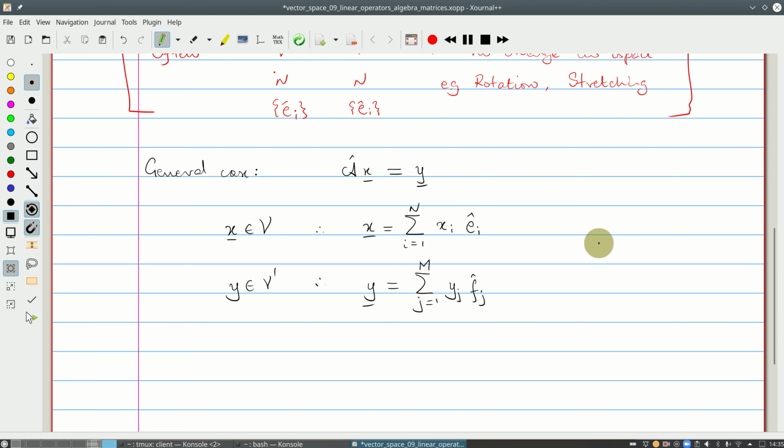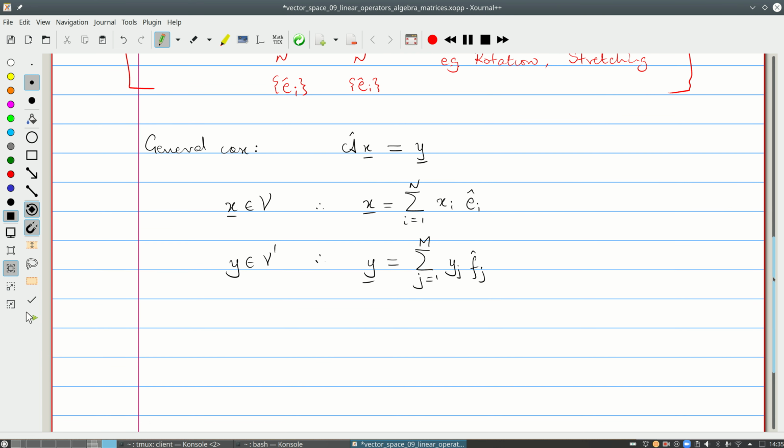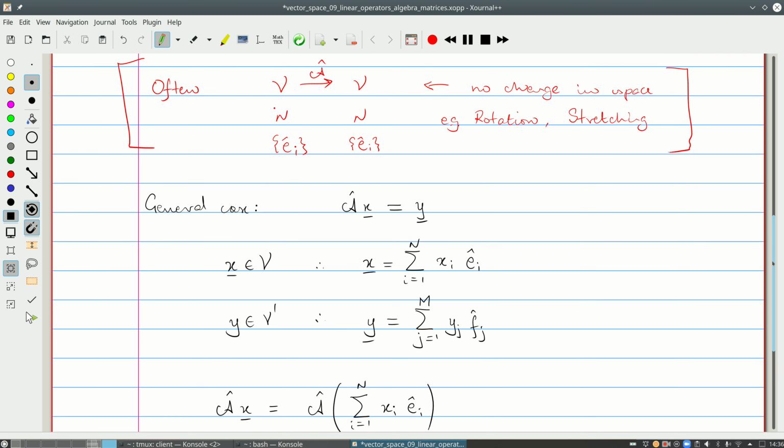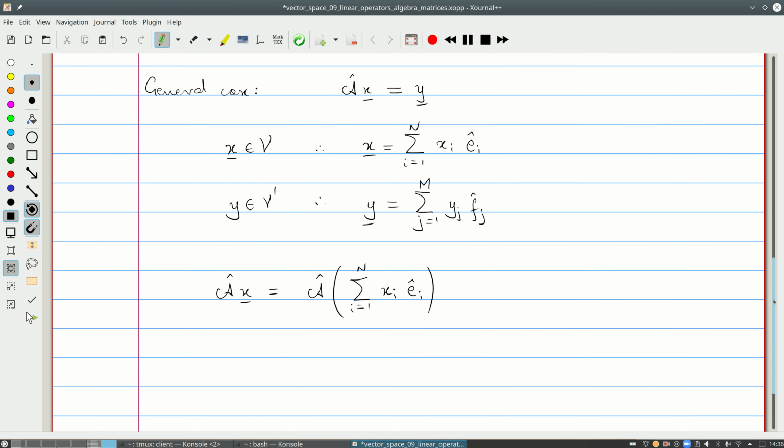And from the definition of a linear operator, we know that A hat x is equal to A hat operating on the sum, i goes from 1 to n, x_i e hat i. Now this is a linear combination of vectors, and from the very definition of a linear operator, we know that a linear operator is called a linear operator because when it operates on a linear combination of vectors, you can write this as the linear combination.